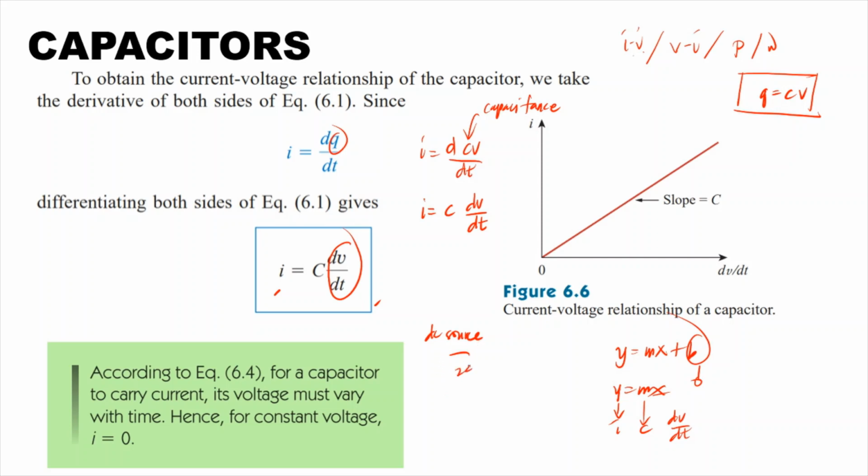Kapag sinabi mo kasing 24 volts yan, all throughout the time, 24 volts siya. So, if the source doesn't vary with time, therefore, dV over dt is 0. And 0 multiplied by the capacitance of the material is equal to 0. So, for a capacitor to carry a current, the voltage must vary with time. So, for constant voltage, like for the DC source, wherein voltage is constant, the current would be equal to 0.